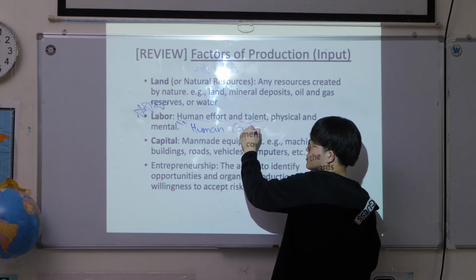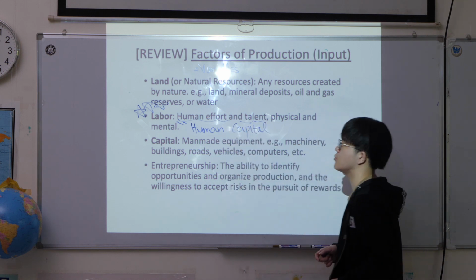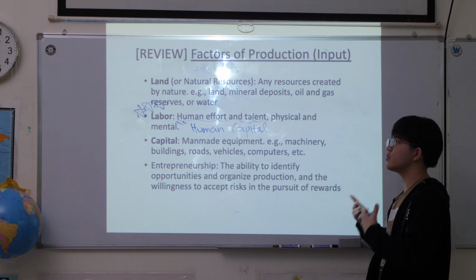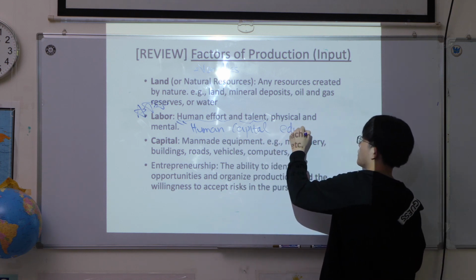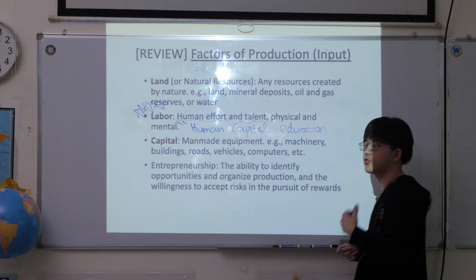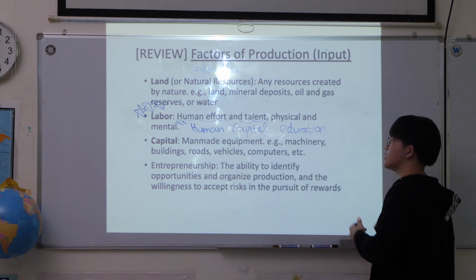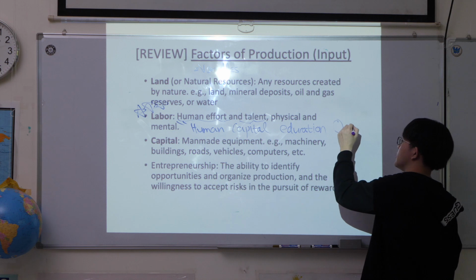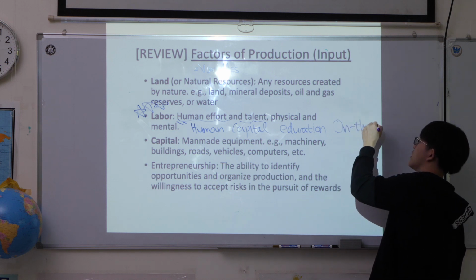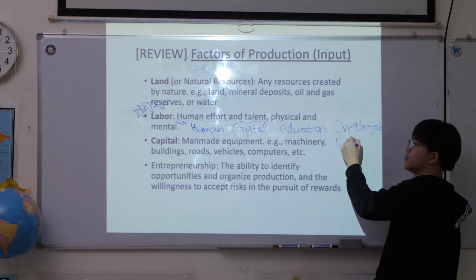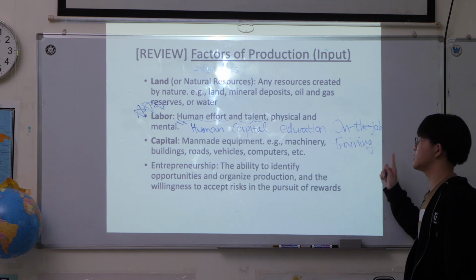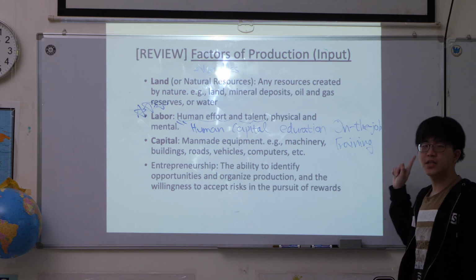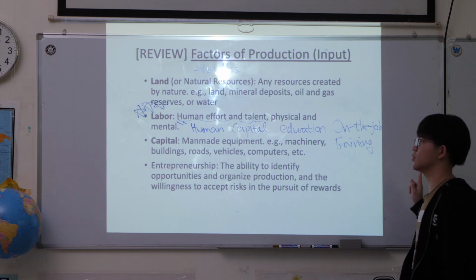In order to accumulate human capital, what we usually do is education or job training, also known as on-the-job training, or OJT. You will see this term for supply side policy in IB macroeconomics as well.